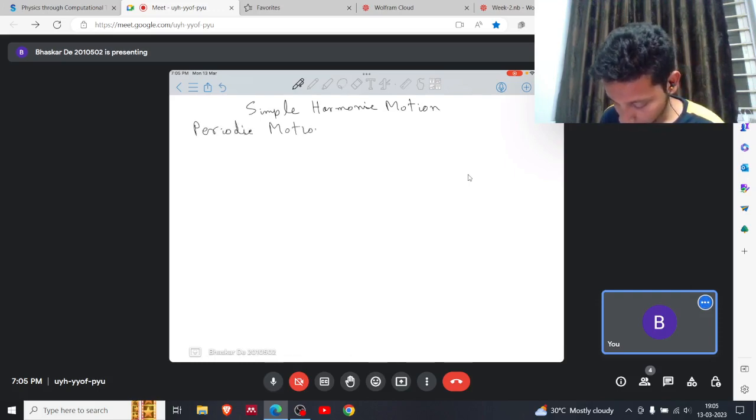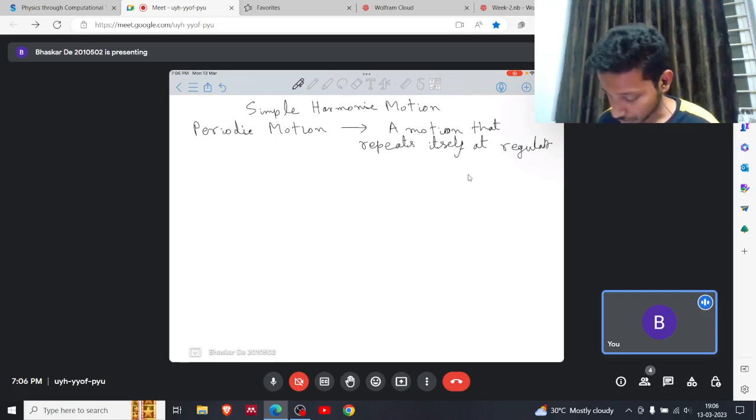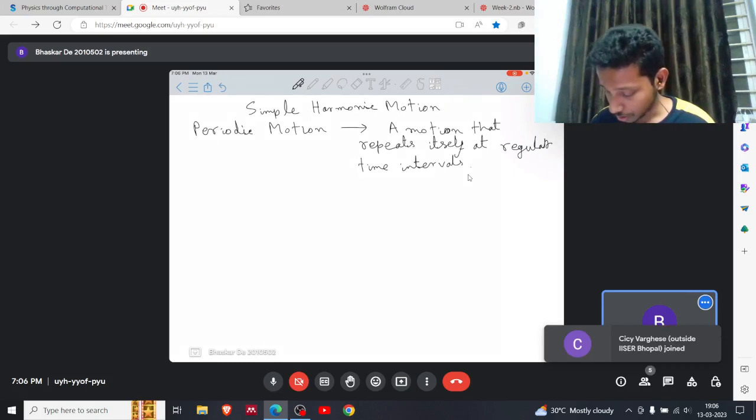First of all, periodic motion is a motion that repeats itself at regular time interval.